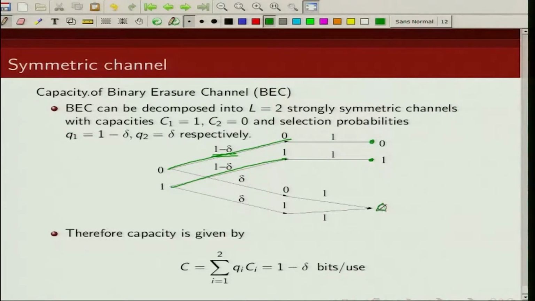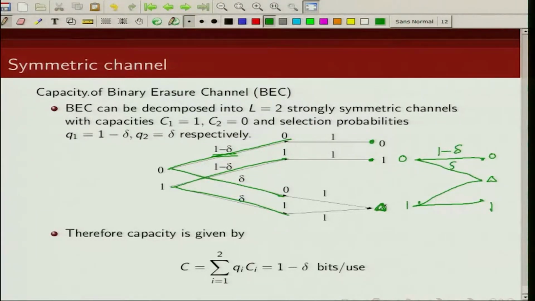Now, if you consider the second channel, it is similarly selected with probability delta. Again, let's redraw the diagram for the binary erasure channel: 1 minus delta, delta, delta, 1 minus delta.